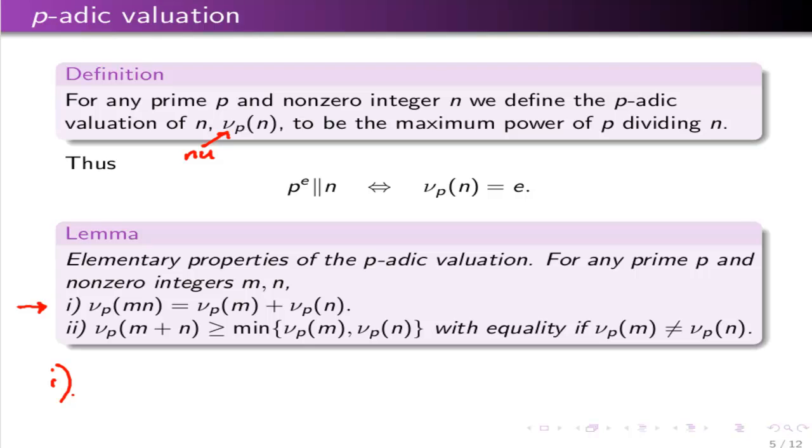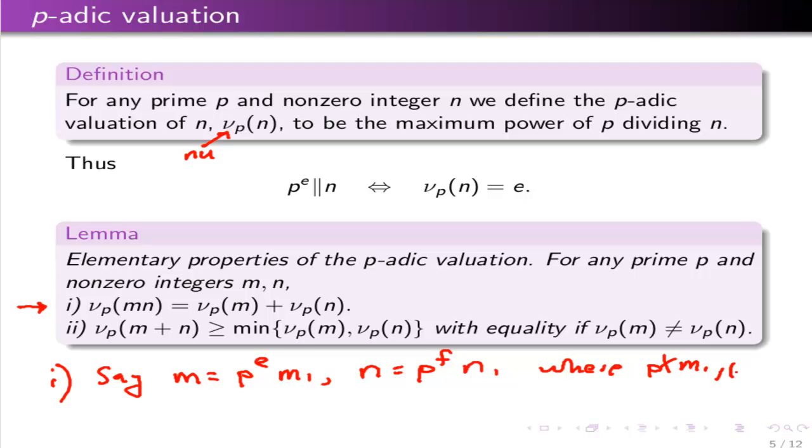Part 1 is absolutely elementary. So you just say m is p to the e times, say, m1, and n has some multiplicity, say p to the f times n1, where p doesn't divide m1 and p doesn't divide n1.